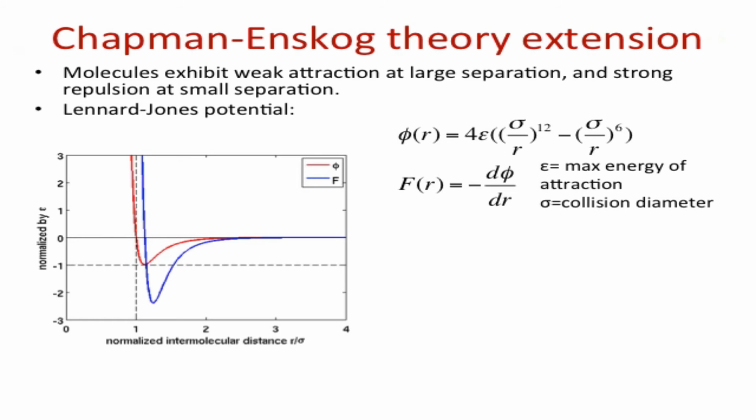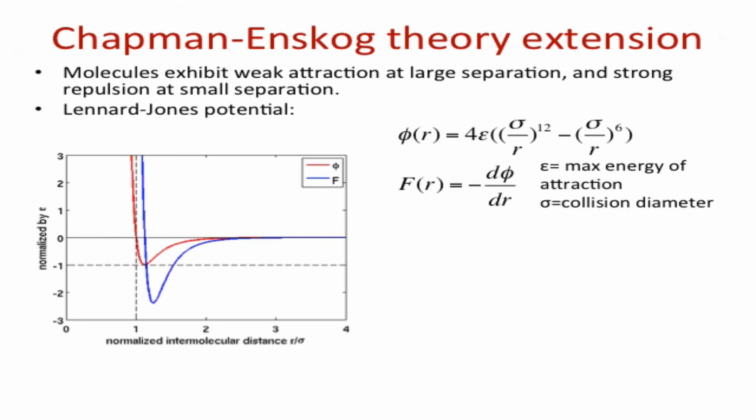So if I actually have this potential, okay, I will see that I have 1 over R^12. So 1 over R^12, as R becomes really small, becomes really large, and much larger than 1 over R^6, which is the second term. Okay.